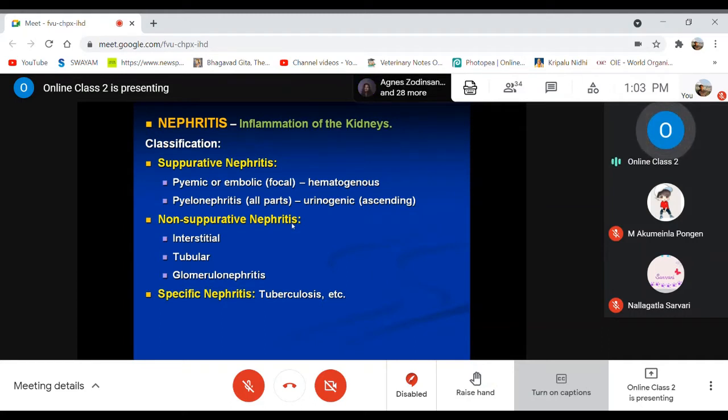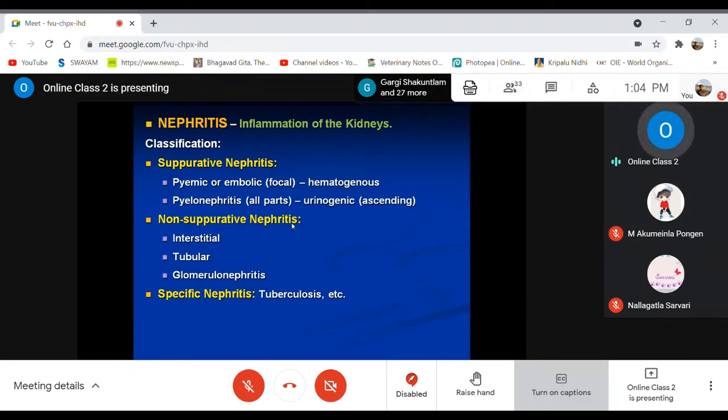For example, when the animal is lying on the floor, organisms enter through the urethra, and when the animal passes urine they climb up to the kidney, affecting it and causing this suppurative type of nephritis. When it affects almost all parts of the kidney showing pus exudation, it is known as pyelonephritis.